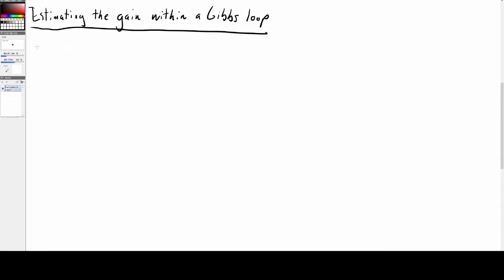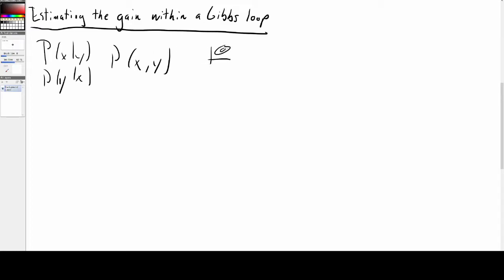One way of counteracting this slow exploration of the correlated parameter space when we sample the conditional distributions after each other like this is to instead consider the joint distribution of x and y, just considering this whole thing and sampling directly from that instead of slicing it in narrow subdimensional spaces.